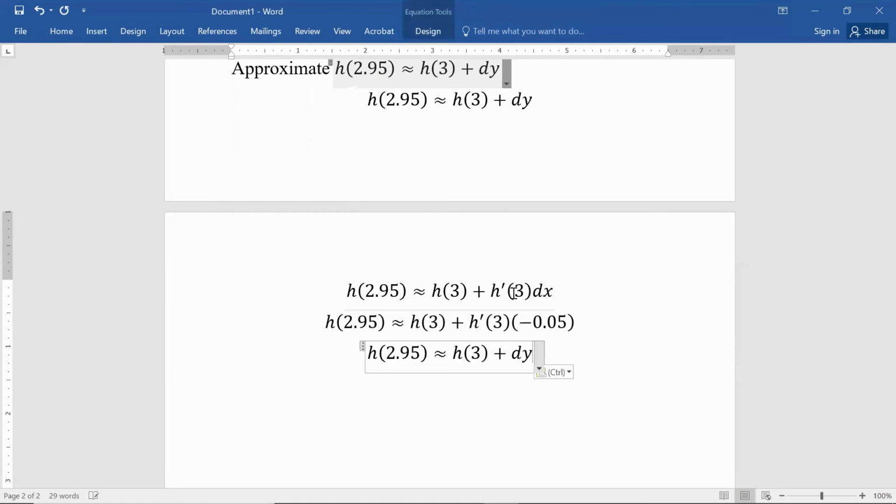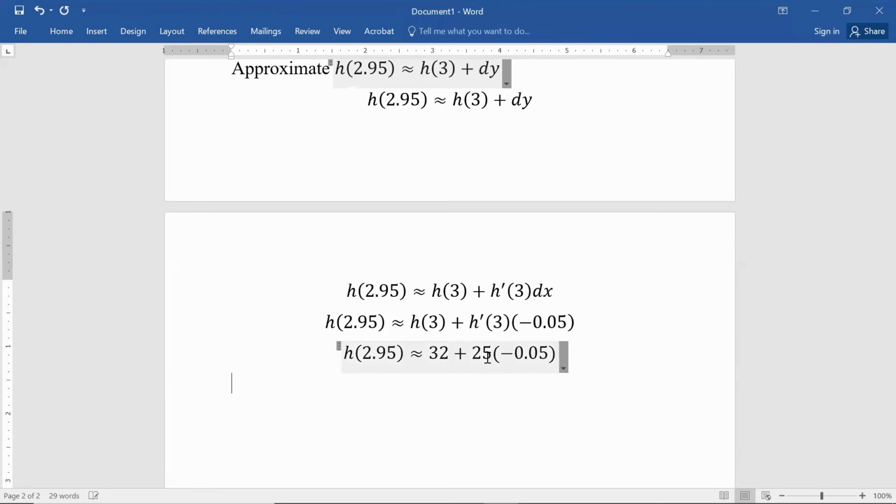h of 3 is still 32. h prime of 3 is still 25. Now I'm using negative 0.05. 32 plus 25 times negative 0.05 becomes 30.75.